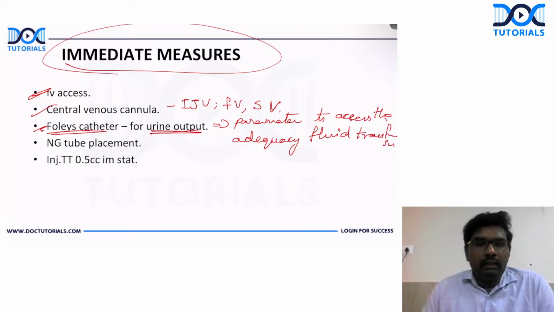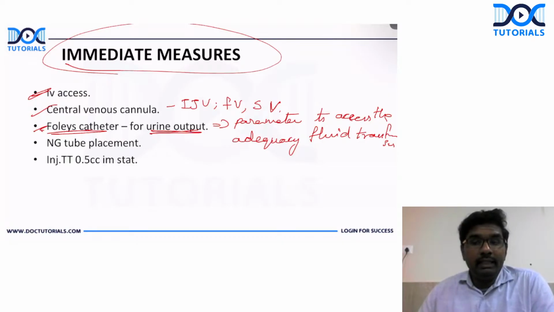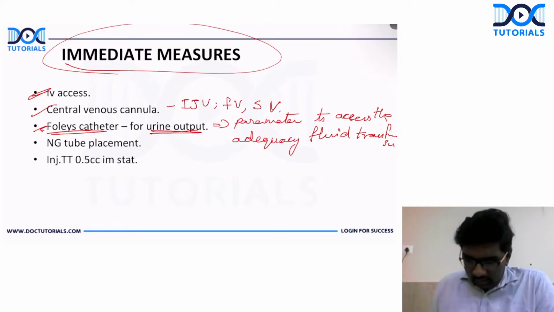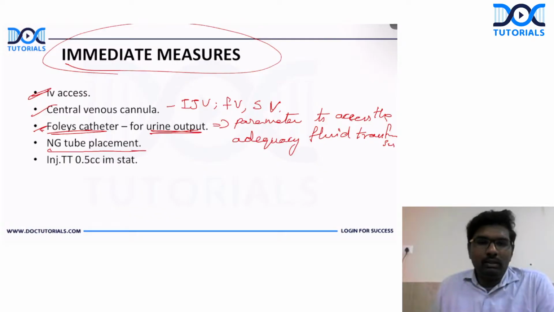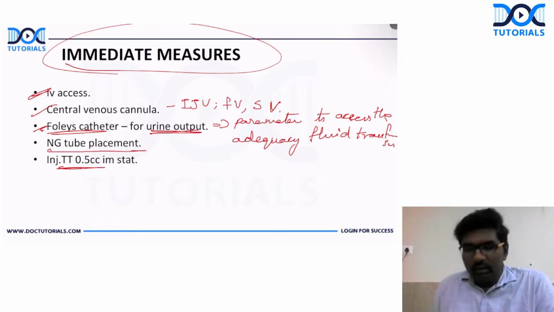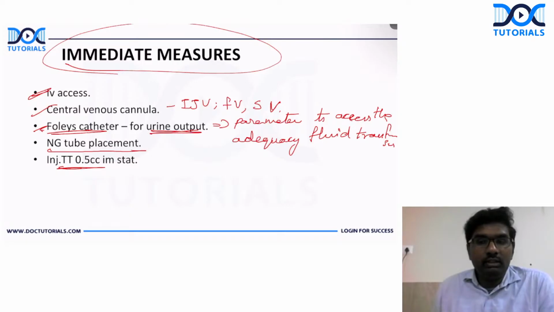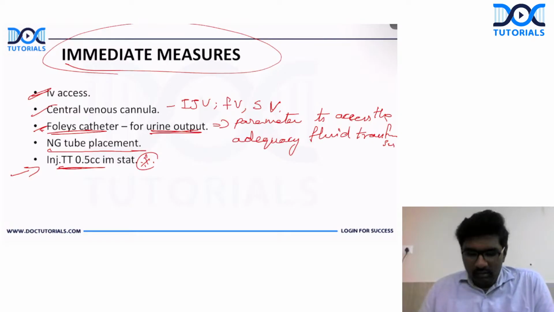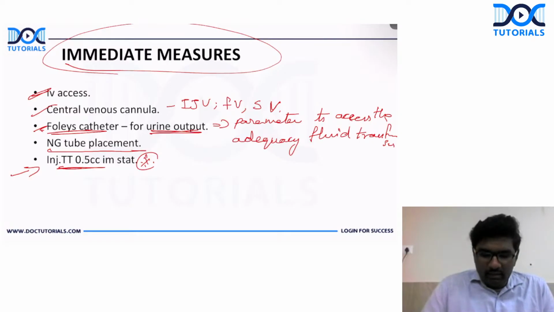Whatever IV fluid transfusion you are doing, the adequacy of the fluid transfusion or fluid challenge is monitored by urine output, and nasogastric tube placement. And of course, in our setup, tetanus toxoid is a must. If you are not giving the tetanus toxoid injection, you are medically negligent as per our Indian setup. So this is about maintaining the circulation.